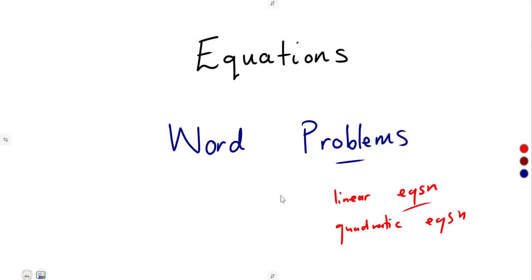For linear equations, it can be direct, the normal kind that you are used to, or it can be simultaneous. So this is the condition of word problems. They can lead to any of these equations, which you can then solve.